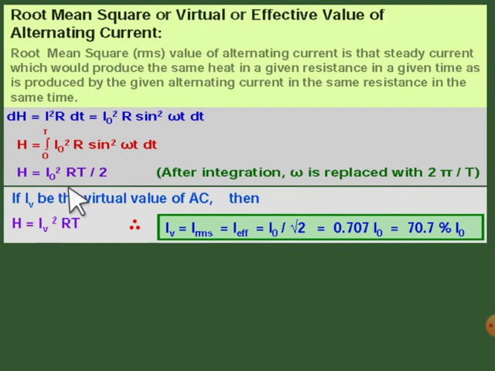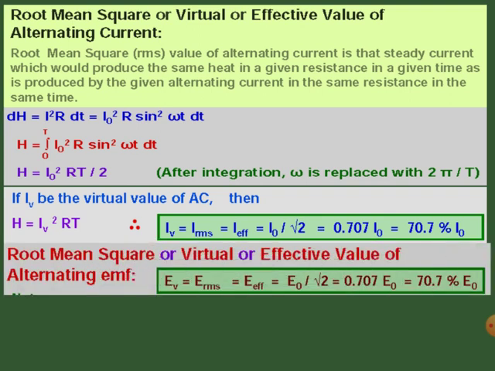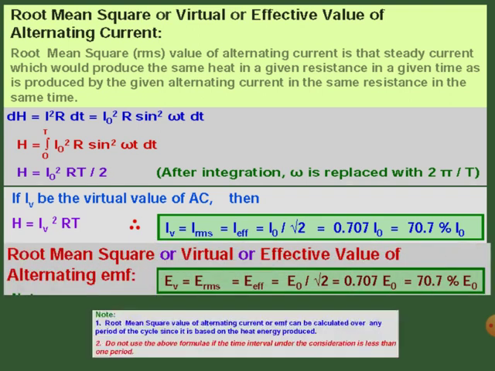If you equate these two, you will get the expression that I have shown you: IV or IRMS or I effective, which have the same meaning, these are all RMS values, and this will be equal to I naught by root 2. When you simplify it, you will get 0.707 times I naught. Similarly you can do it for EMF also, same thing.